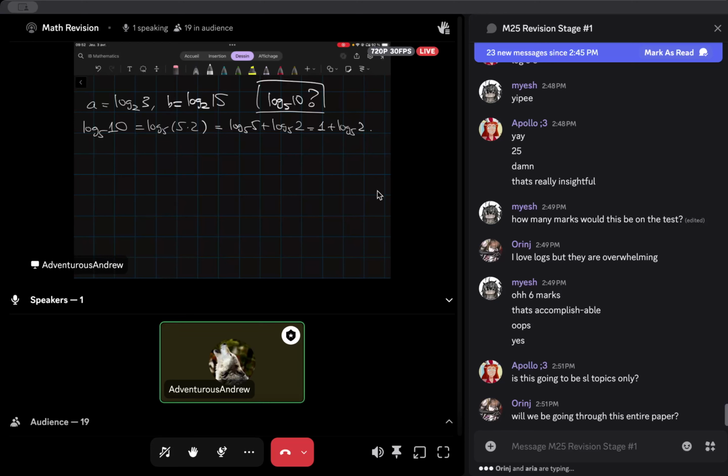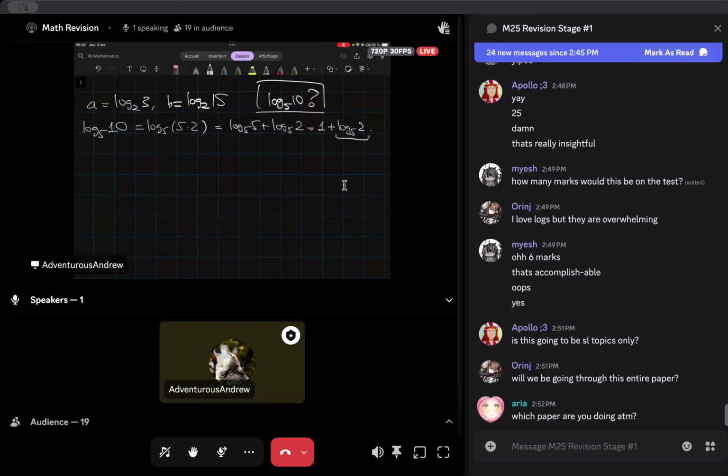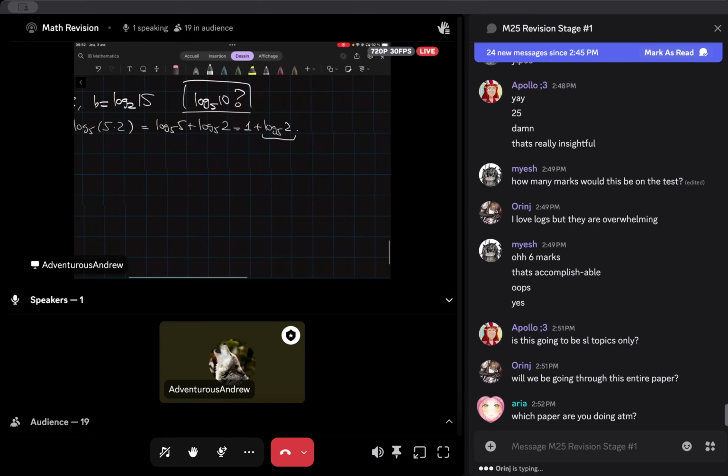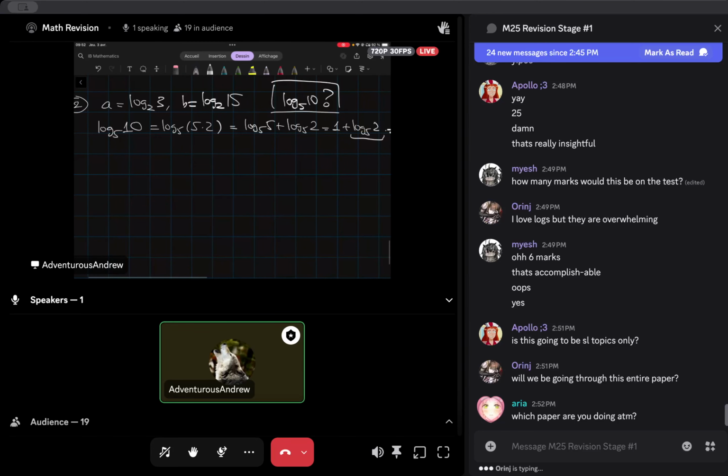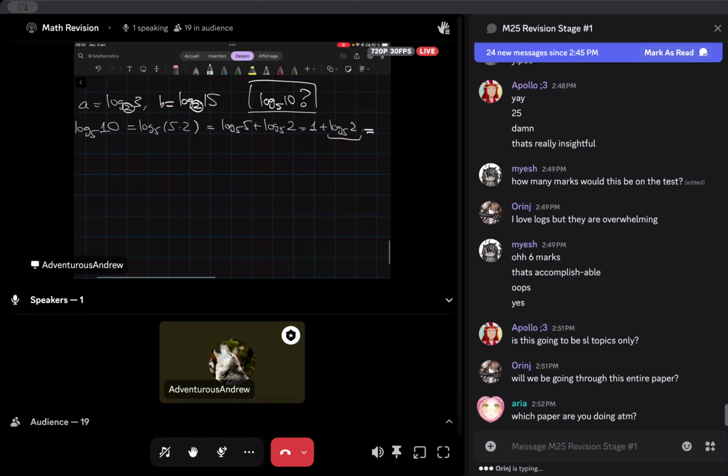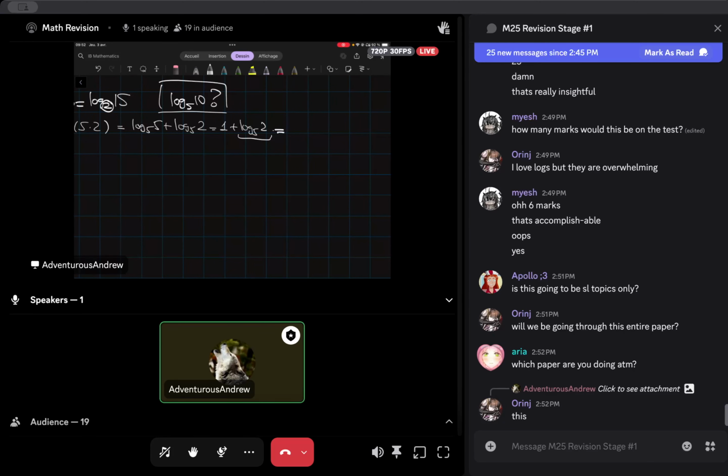So we know that we gotta get something like this. Also, notice that A and B are given as logarithms with base 2. That means that we will have to change the base.